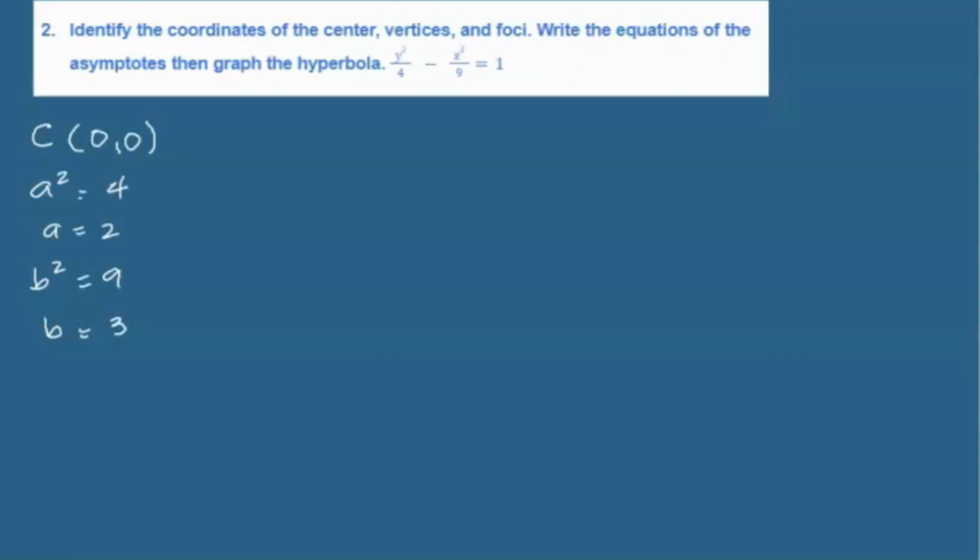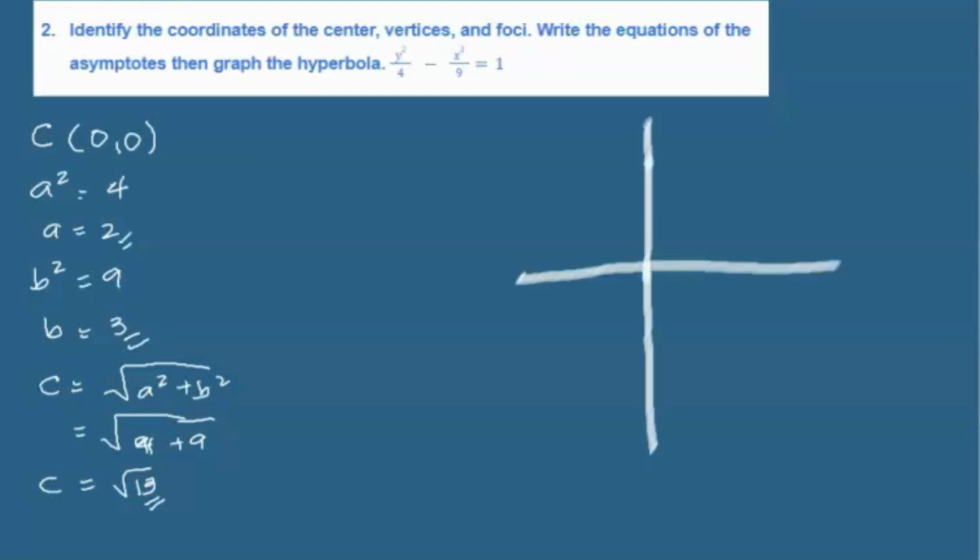And then let's calculate our c. c is the square root of a squared plus b squared, so the square root of 4 plus 9. So c is square root of 13. Those are our a, b, and c.